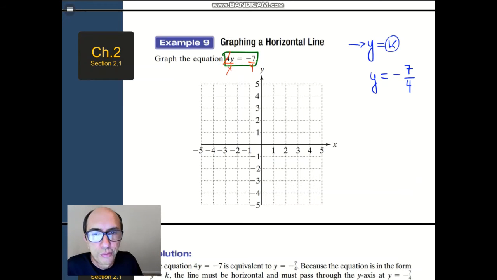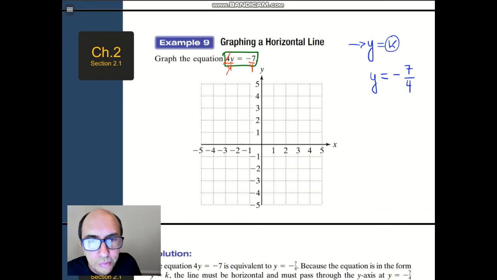And negative 7 over 4 is going to be a little bit less than 2, somewhere here. So y equals negative 7 over 4. Find the y-axis.